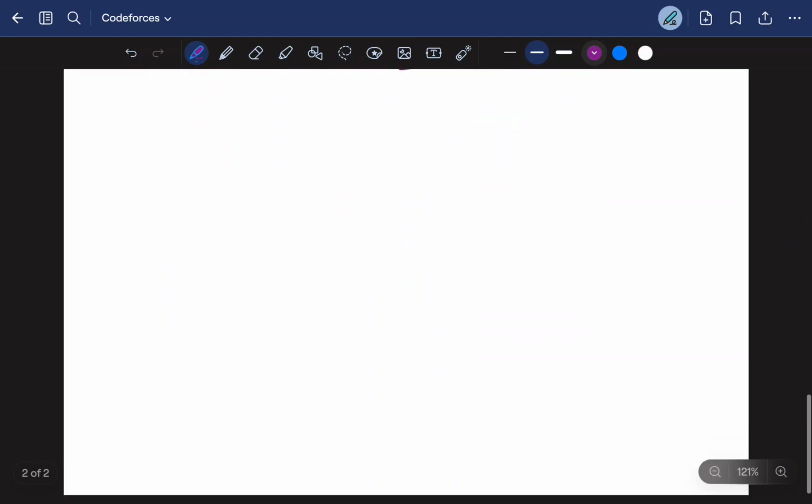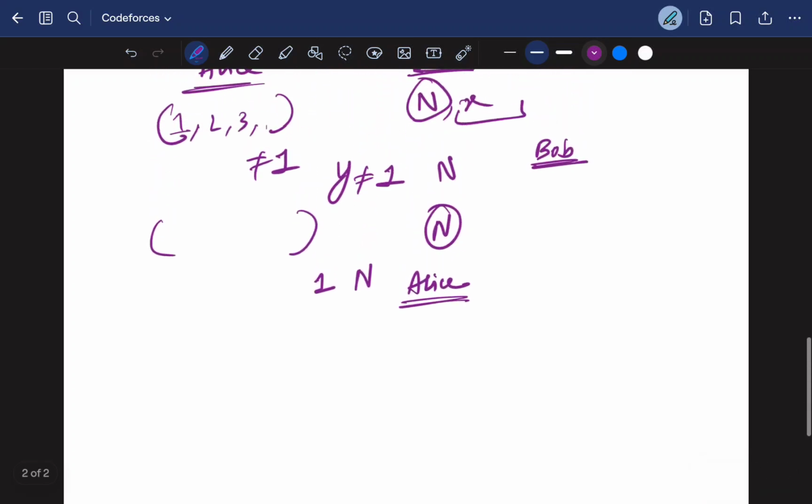Now let's go to the second case, when the last card belongs to Alice. What will happen now? In this case, there can be another scenario where Alice has the first card also. Along with the last card, Alice has the first card.